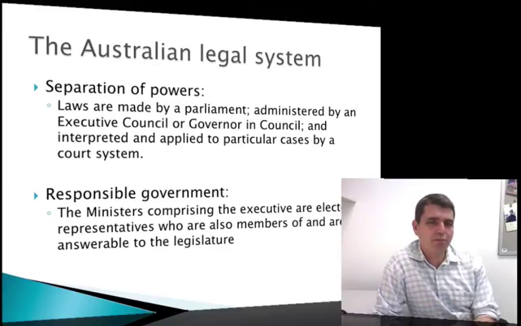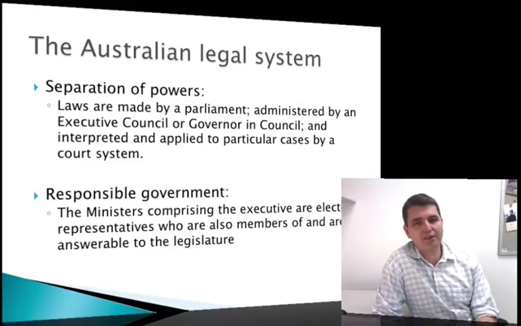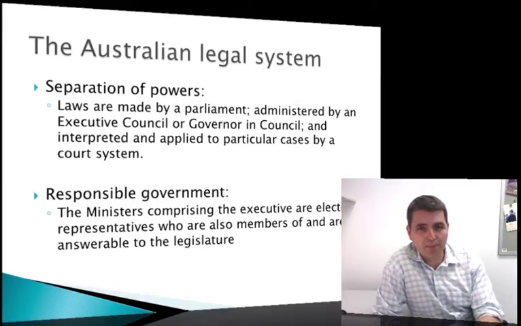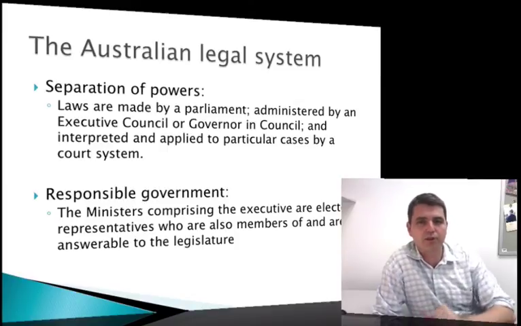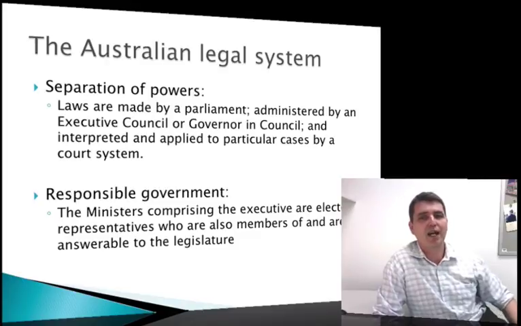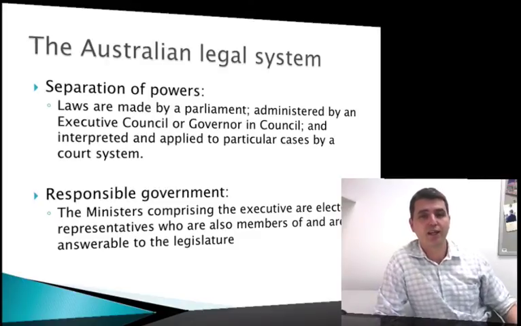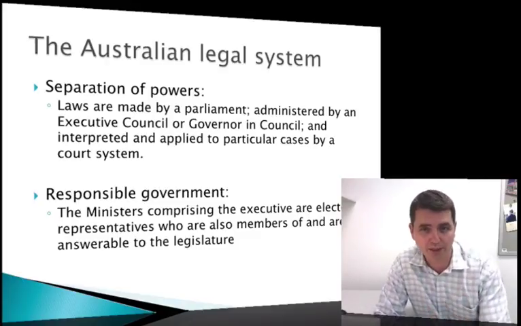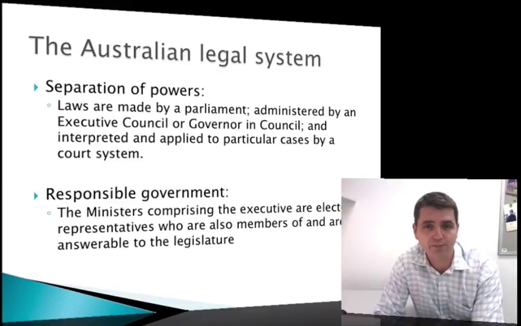Because the people who are the heads of our departments, like the foreign minister, the foreign minister is an elected representative. So in some sense, they're accountable back to the people. And so what we have is this system of responsible government, whereby those who serve in the upper echelon, in the leadership positions of the executive arm, come from the legislature, and therefore they're responsible back and must answer to the legislature, and they're also directly elected themselves.